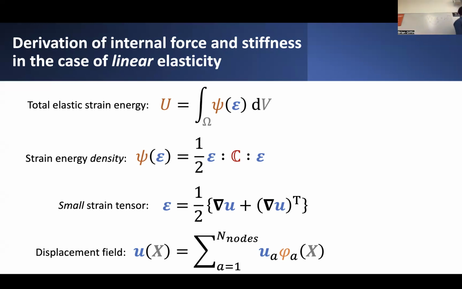Kind of interesting. For this strain energy density function, there are many ways you can go about describing it and rationalizing where it comes from, but probably the simplest way is to imagine how much energy is stored in some piece of material when subjected to some amount of deformation.